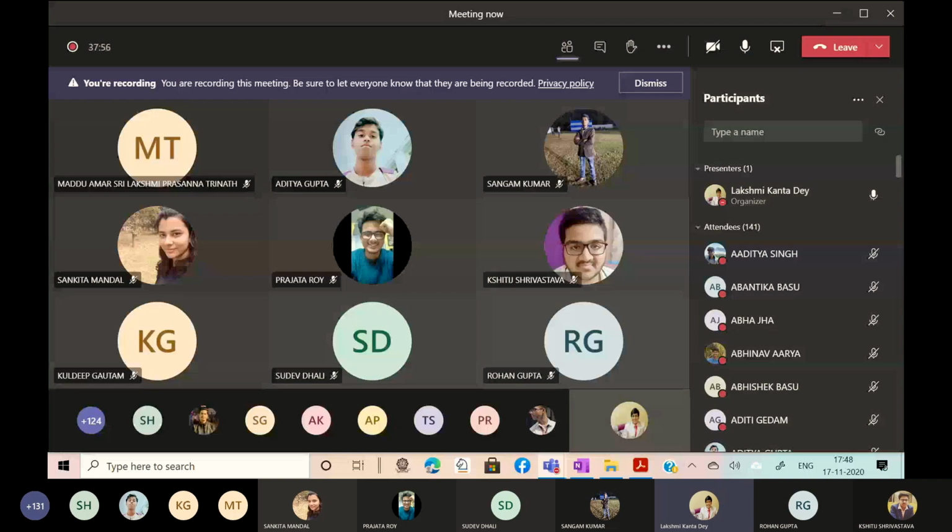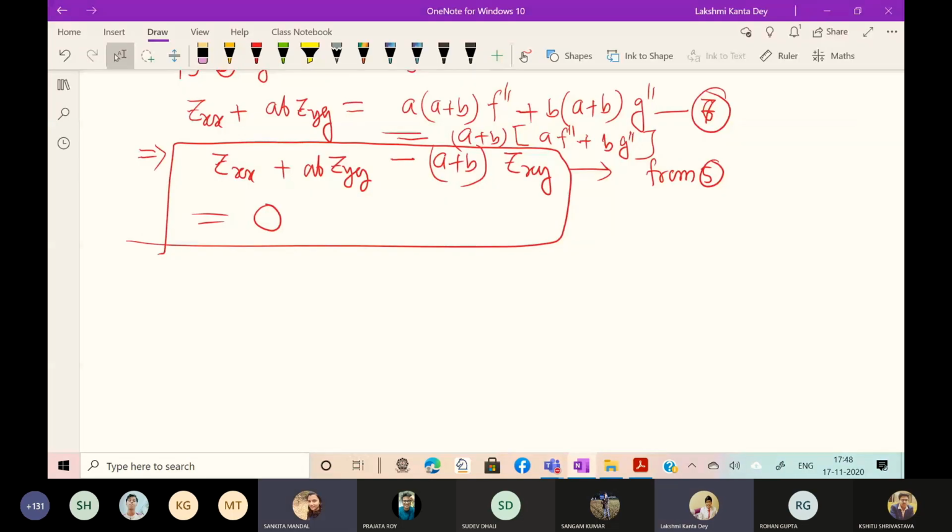Today the number of students is very low. Why? Okay, Sankita, when is your second sessional? CA2, 24th onwards. So they are calling it mid-sem. It is not continuous assessment? It is written as mid-sem.